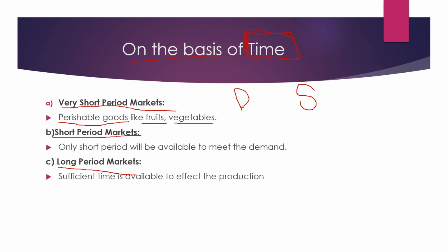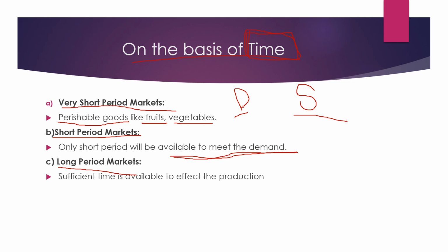We can't hold a vegetable for 1 month or 2 months. So marketing activity for particular goods can be undertaken only for a certain period. And then the second one is short period market, that is, availability of demand and availability of products creates the demand and supply.